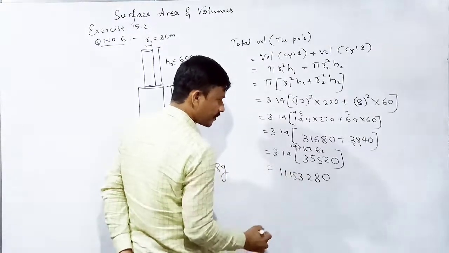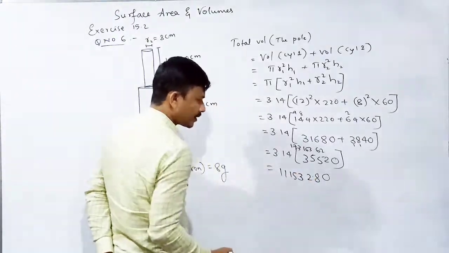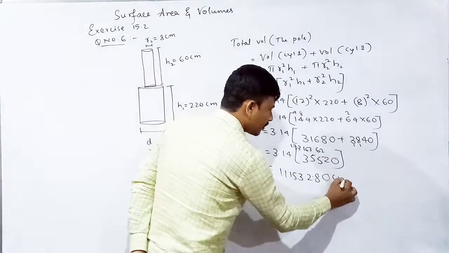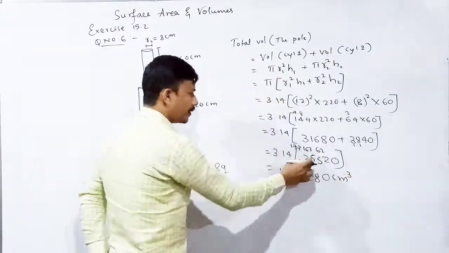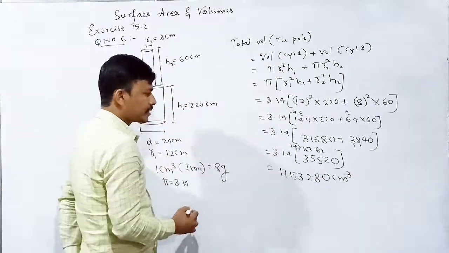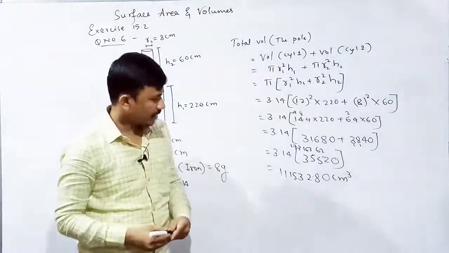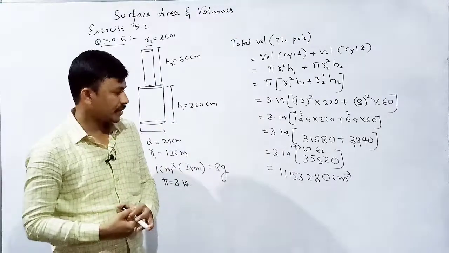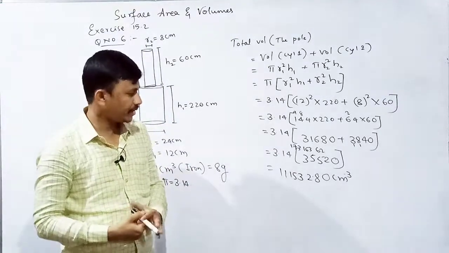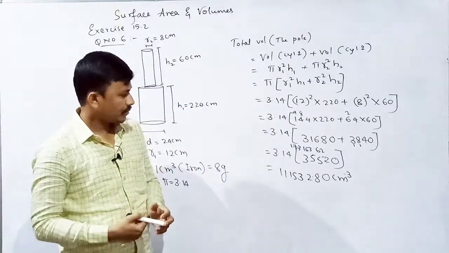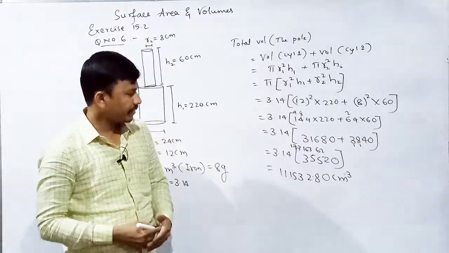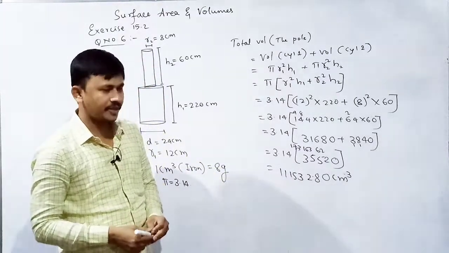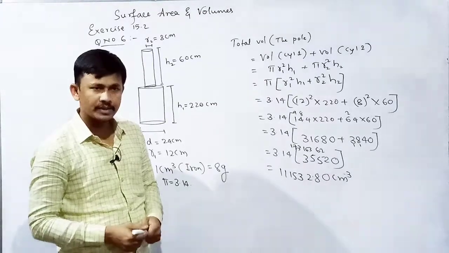Check. Point. This is centimeter square. Yes or no? Centimeter cube. Multiply the period. Total volume is nearly 11,153 point, sorry, 1,11,532.8 centimeter cube. This is the volume.